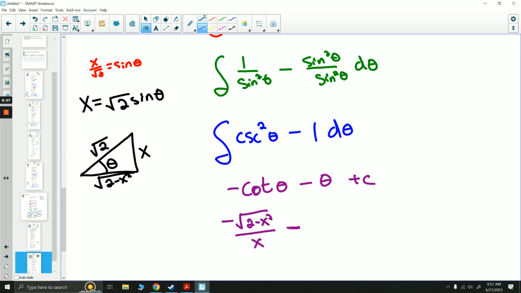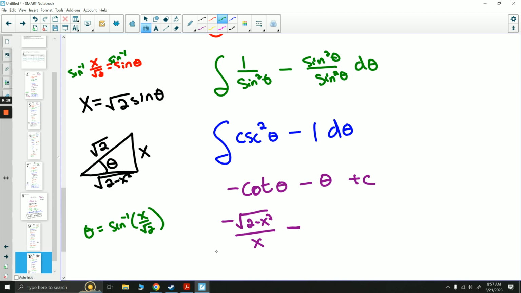Minus theta. Well, how do we find theta? We can look at our x equals statement. So x over square root 2 is sine theta. So how do you solve for theta? You take sine inverse of everything. That is to say theta is sine inverse of x over square root 2.